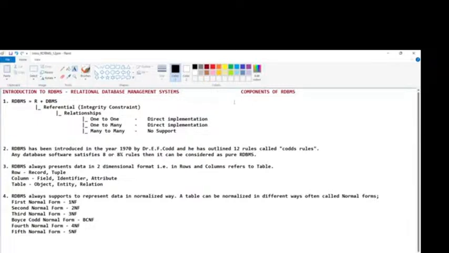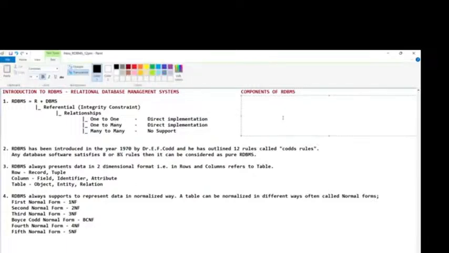In these components, I'll mention the first point.